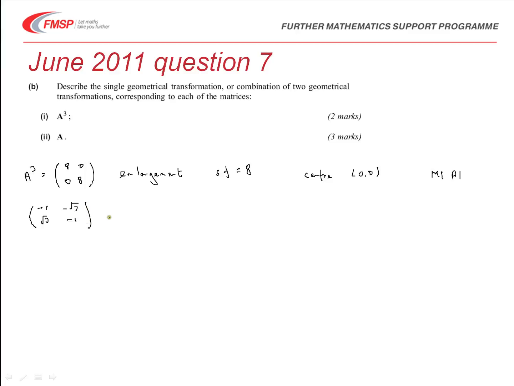Now we've got to do something here to find out what the combination is for this matrix. Now we know that A cubed is an enlargement of scale factor 8 and 2 cubed is 8. So this matrix A must then involve an enlargement of a scale factor of 2 in it.